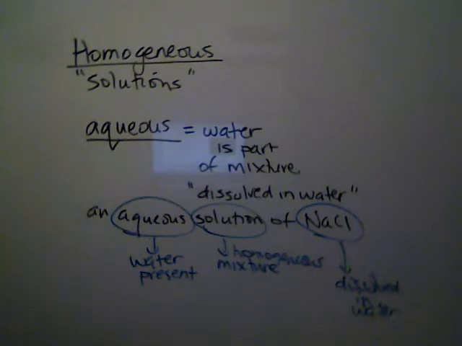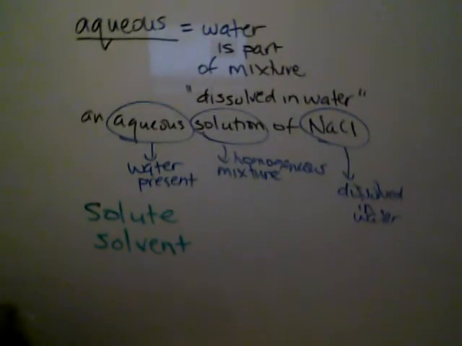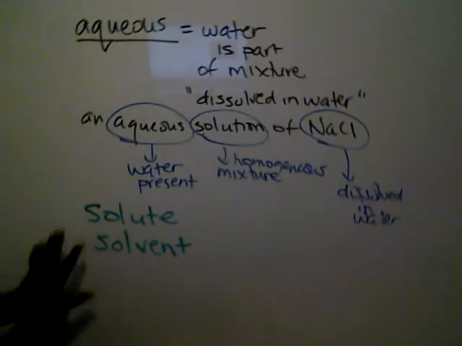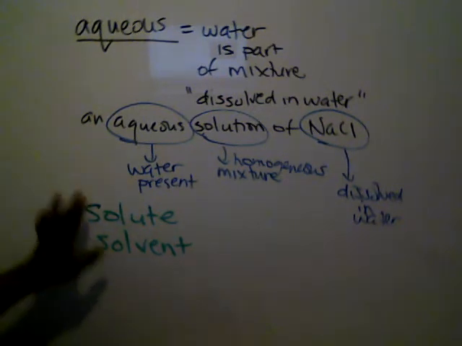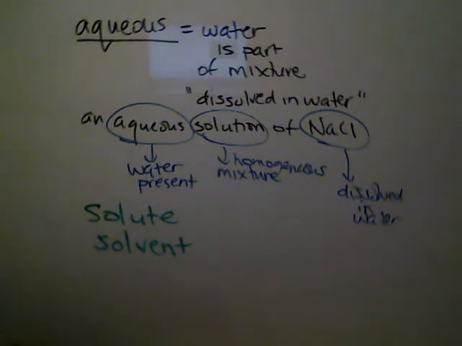Now, more specifically, you will need to identify two important terms. I'll write them here: solute and solvent. These are components that make up a mixture. We always have a solute and we always have a solvent anytime we're making a mixture.